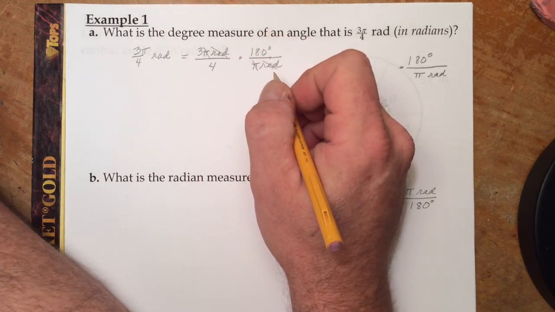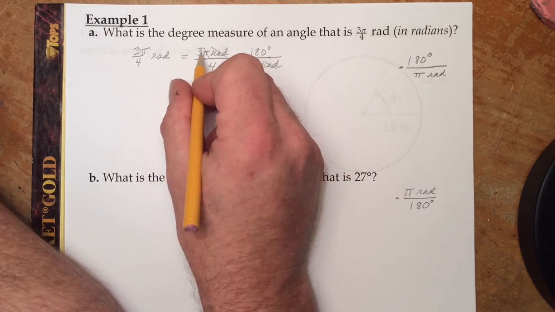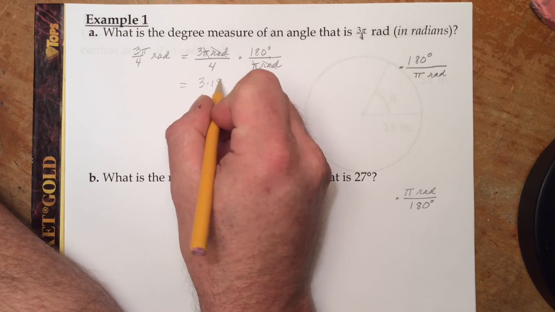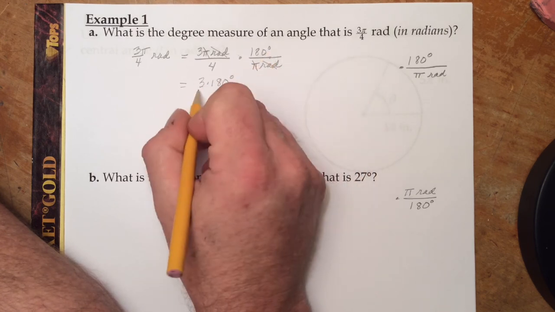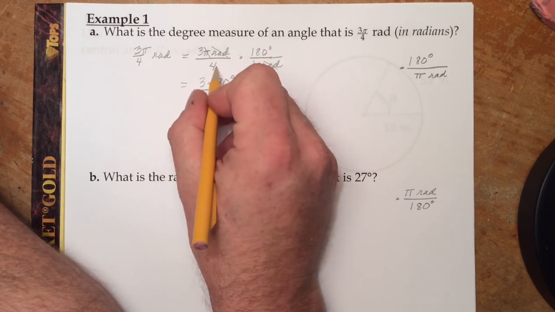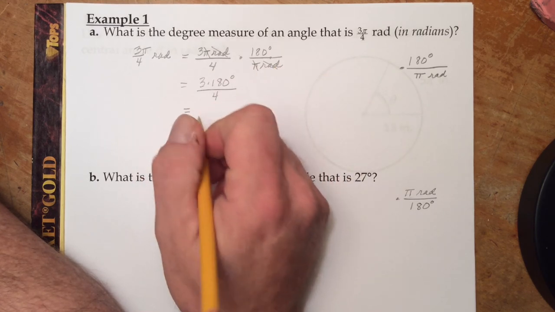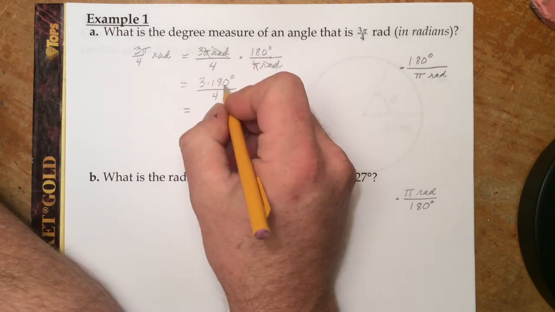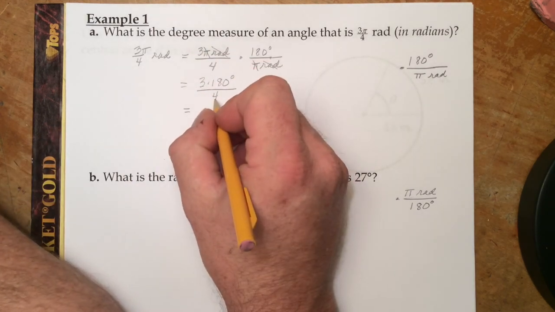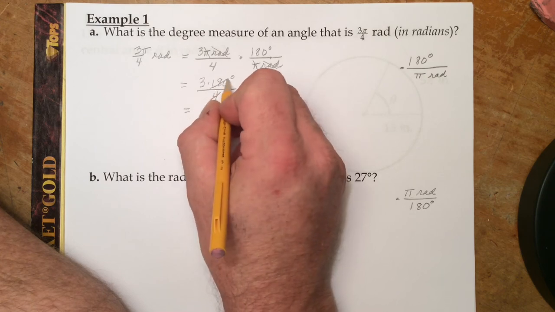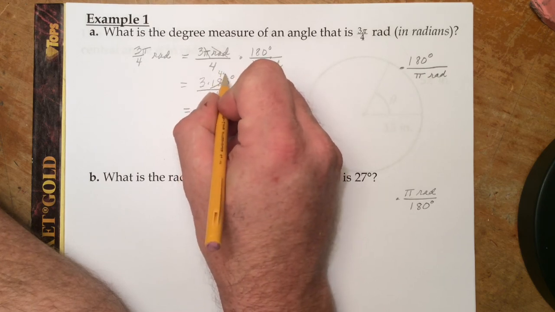So we're left with 3 times 180 degrees, notice the degrees are still there, over 4 times 1, which is just 4. Taking care of the numerical part of the problem, notice that 180 and 4 are both divisible by 4. 4 goes into 4 once, 4 goes into 180 45 times.